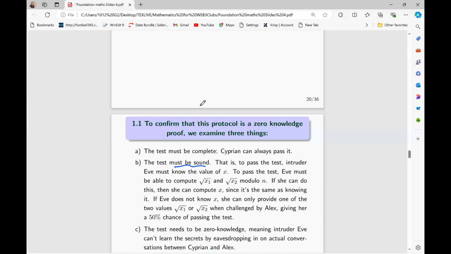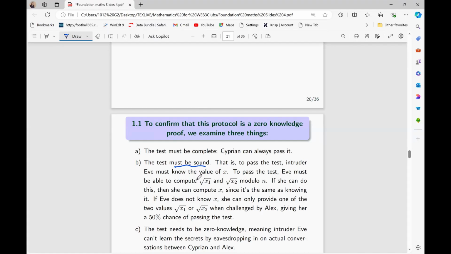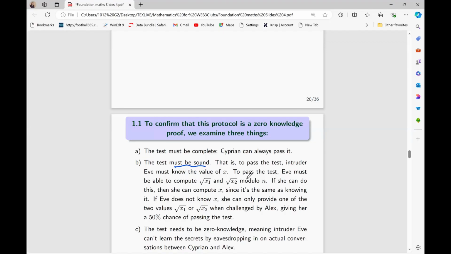If she knows what X is, then she'll pass the test. But since she doesn't know X, she will get half of the questions correct and fail half of the questions. So she will not pass the test. In other words, for you to pass the test, you must prove it by getting all questions correct. So the test must be complete.